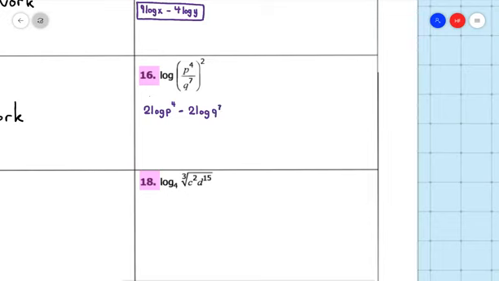So the reason I give them both that 2 in the front is because that power belongs to everything inside of there. So both the p to the 4th and the q to the 7th logs have that power of 2, which would mean they both have the coefficient of 2. So now we're going to take those other powers and move them down. So we would have 8 log of p minus 14 log of q.